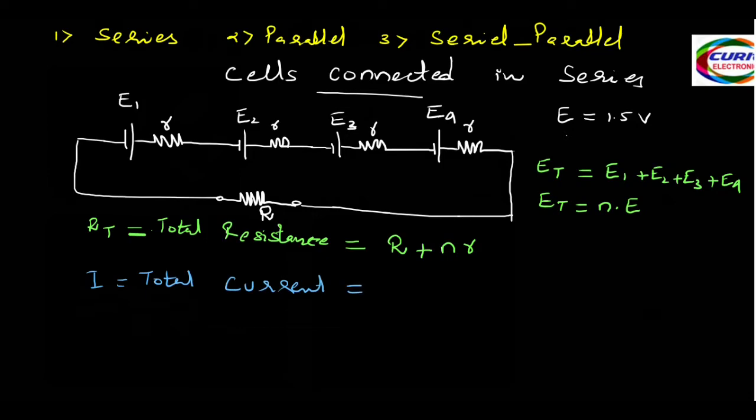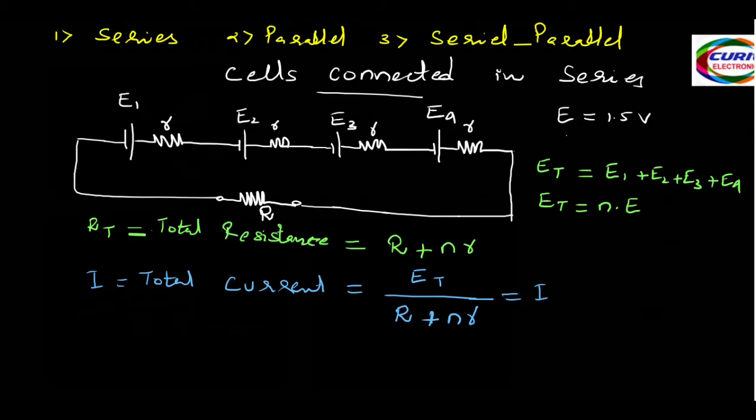I equals V by R. We are going to apply Ohm's law. What is the V here? ET, that is the total voltage across the terminal. Upon the total resistance, R plus NR. This is the total resistance, and this is equal to I.